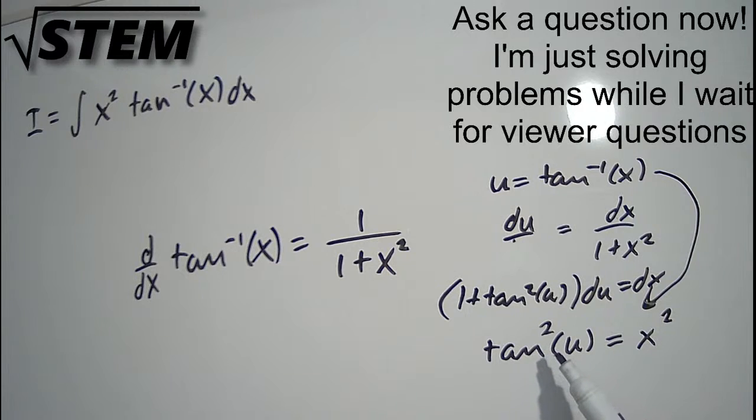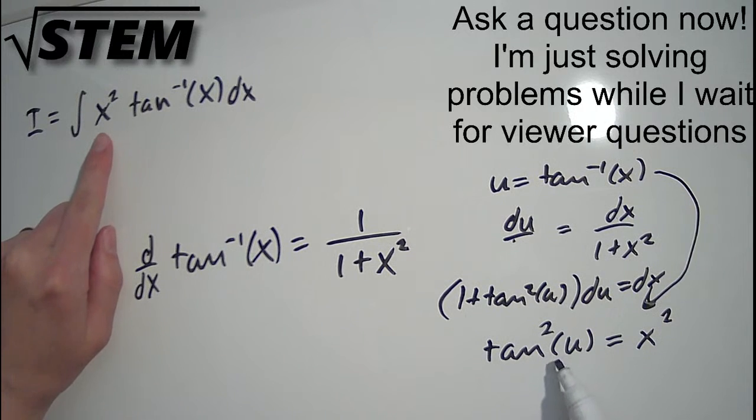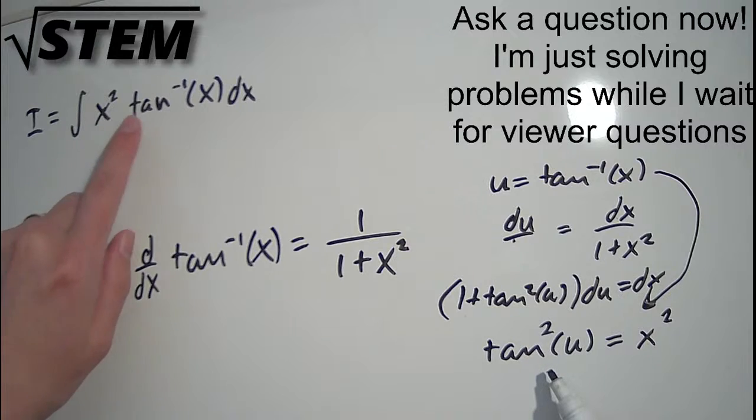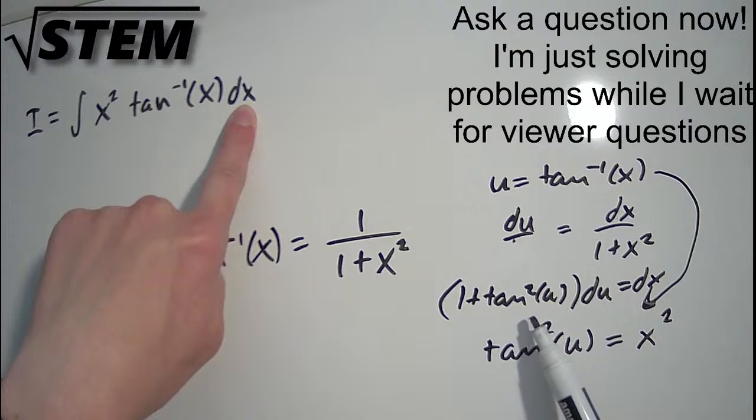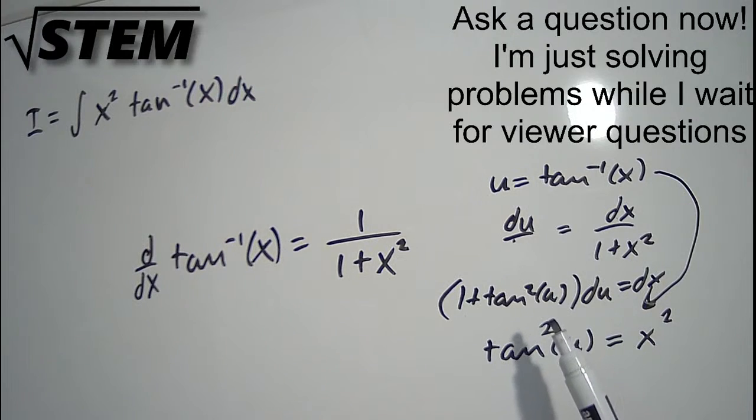So then, if we plugged all that in, we would have tangent squared times u times 1 plus tangent squared du. That might go somewhere.